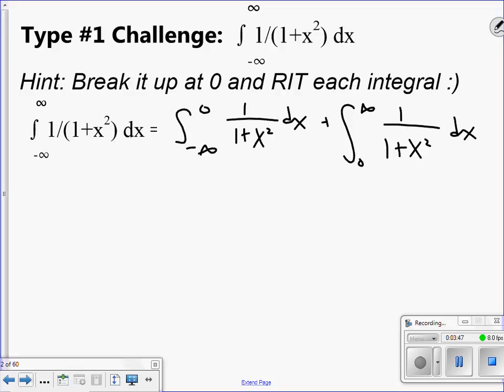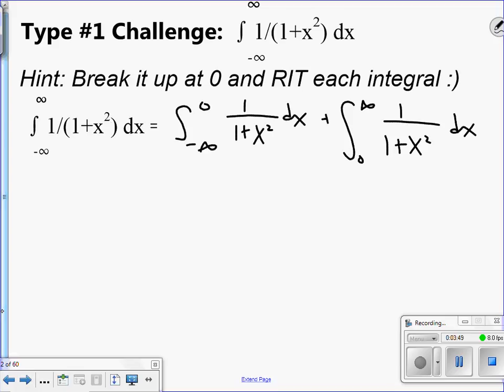You want to do it like that? Yeah, well, I'm going to make them both L. In other words, I'm just going to define each of these separately, because we can do that, right? And so we'll just do the RIT on each one.